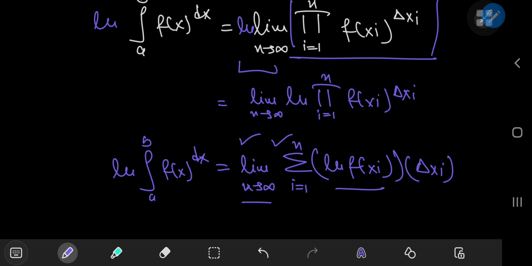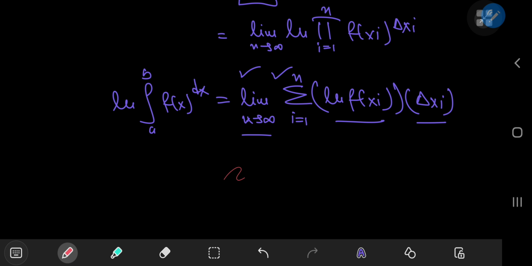It's the natural logarithm of a function, times delta x sub i. So this is the exact same structure as the classic Riemann integral. That means we have the classic Riemann integral from a to b of the natural logarithm of f of x with respect to x. And this is awesome.